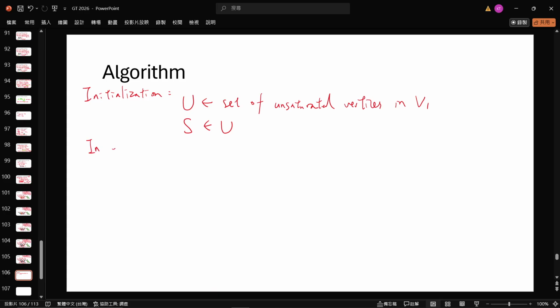So in every round, first we pick a vertex in S. Let's call it V. Also, I don't want to check the same vertex twice, so I only pick a vertex that I haven't checked before.